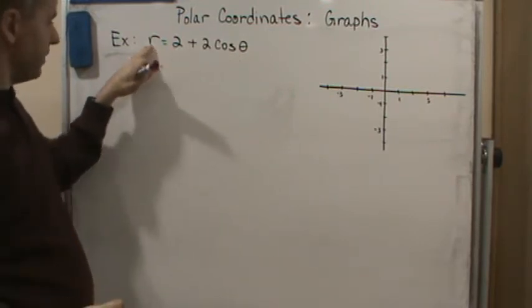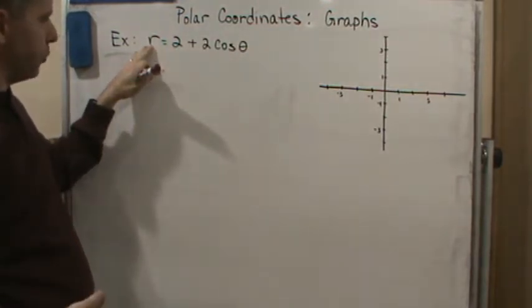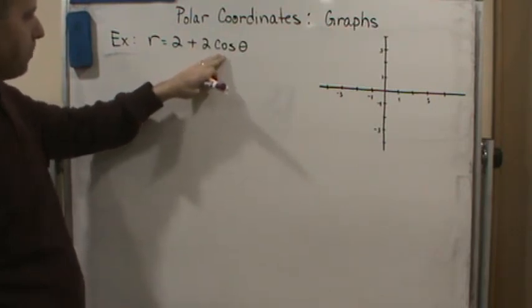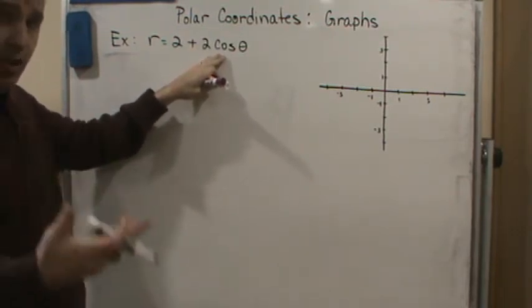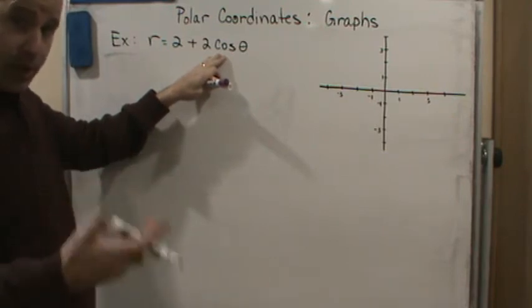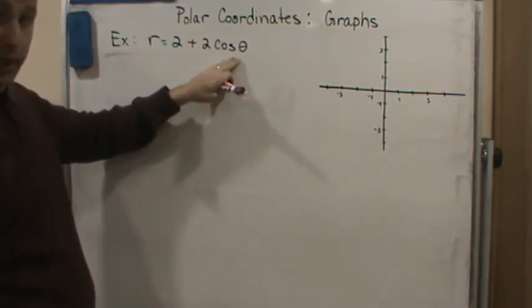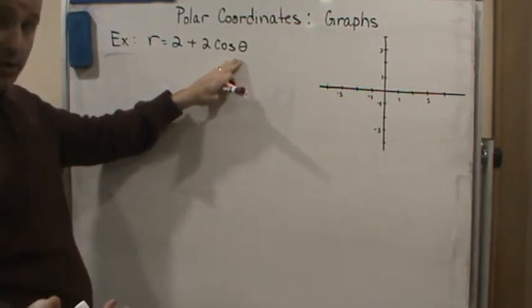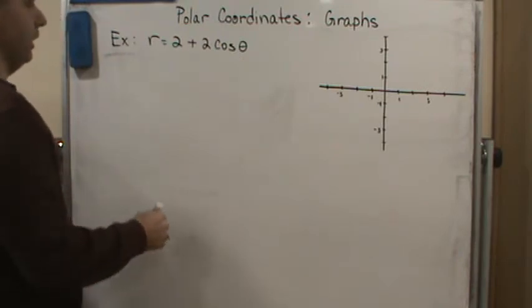Well, how do I want to say this? You start to observe certain characteristics when dealing with cosine, because of the fact that it's an even function versus sine, which is an odd function.